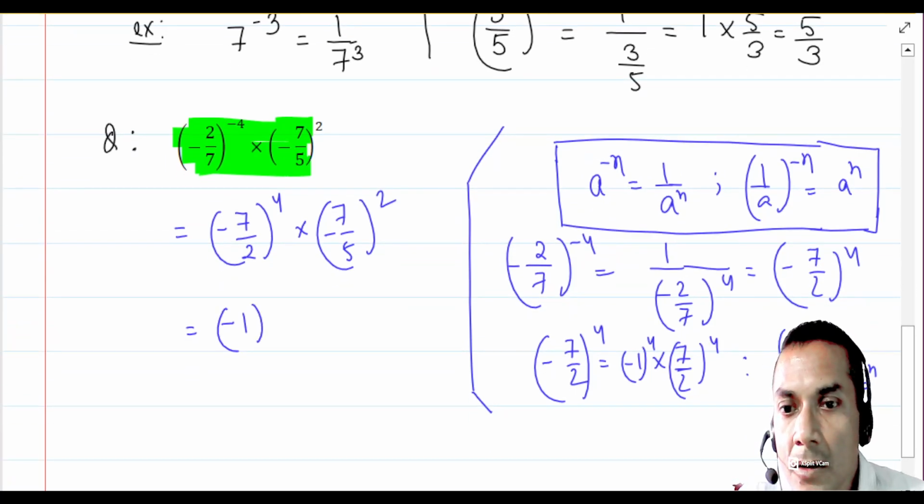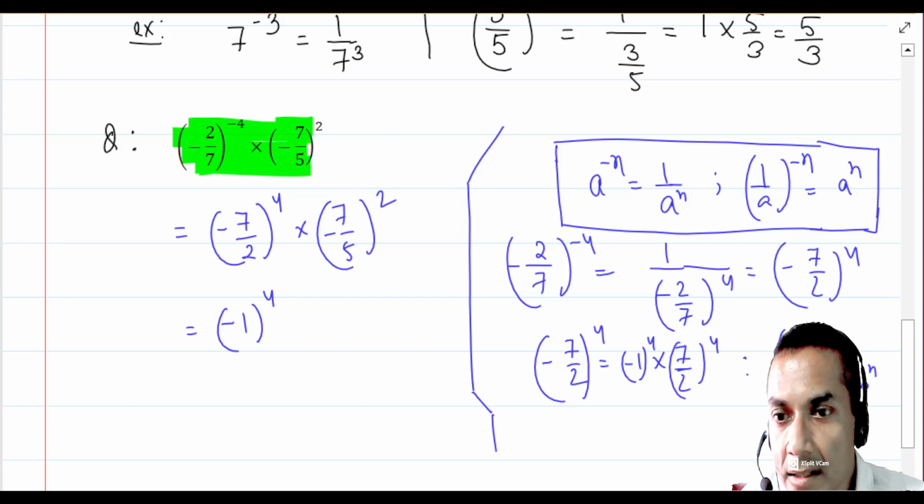So it will be minus 1 to the power 4, and here multiplication relation. You know that, so the entire rule is applied here. You must remember, look very carefully.